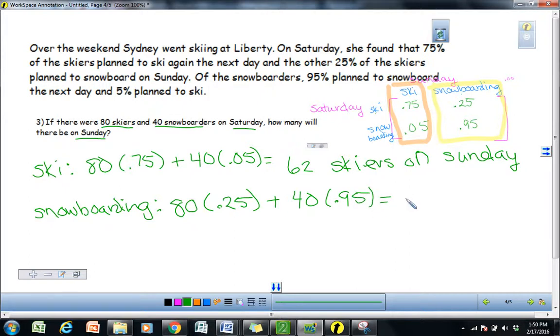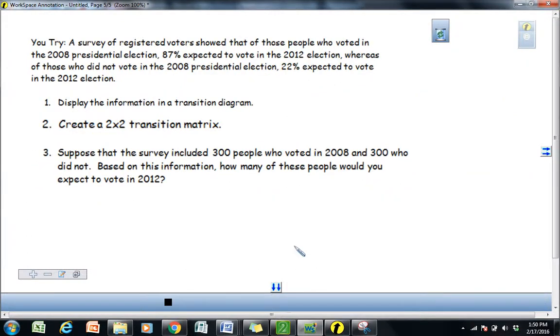Put that in my calculator and I get 58 snowboarders on Sunday. And that is using my transition matrix to answer a question. Alright, please try this, bring this in completed to class, and we will check it.